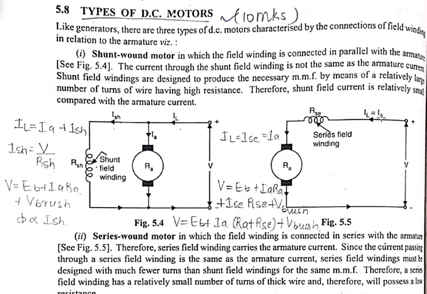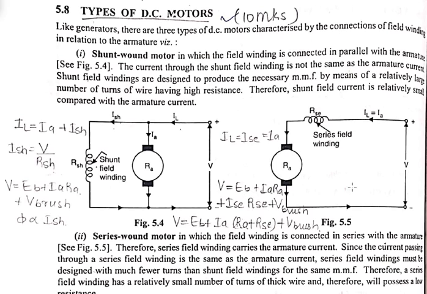That voltage drop would be Ia into RSC or ISC into RSC, because all the currents are the same. When you come to here, we have the drop in the brushes, that is the brush drop, and we have the drop in the armature winding. The armature winding has a resistance of Ra, the current flowing is Ia, therefore the drop would be IaRa.